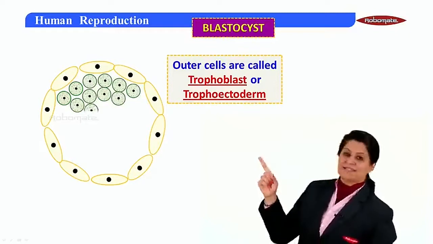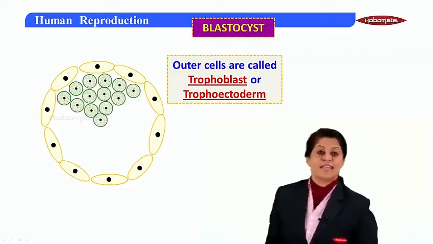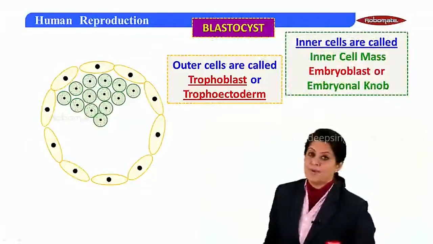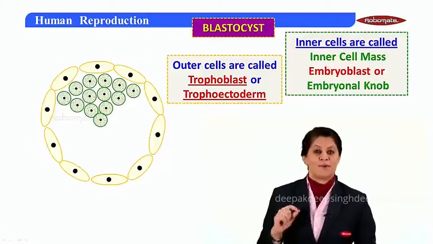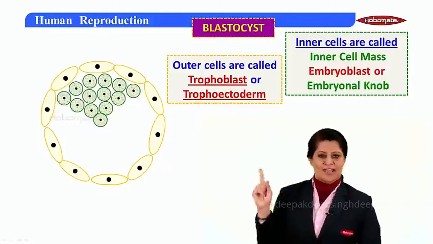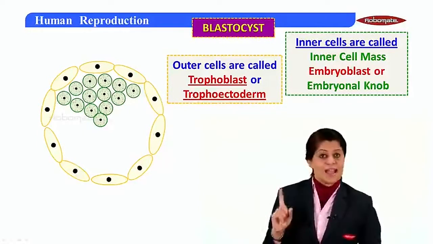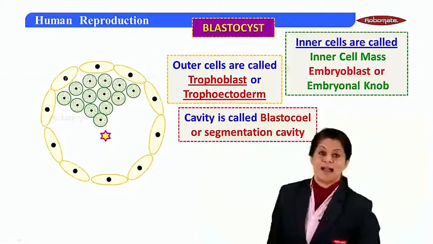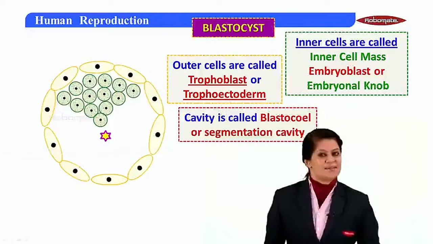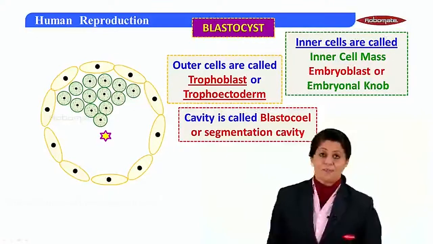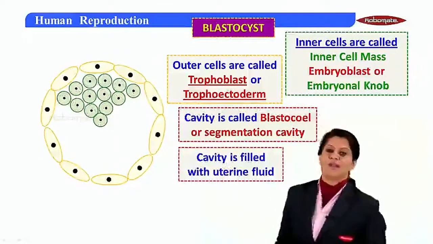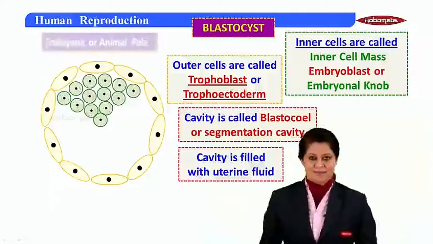All of these cells which you are seeing in here are called inner cell mass or embryoblast or embryonal knob, because it looks like a knob. A cavity is formed. This cavity, students, is called blastocele or the segmentation cavity, and it's filled with what? It's filled with uterine fluid or uterine milk.